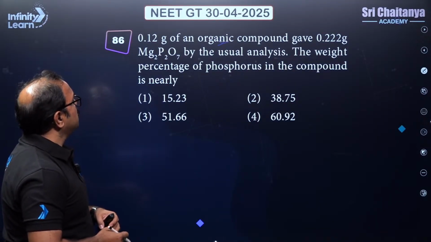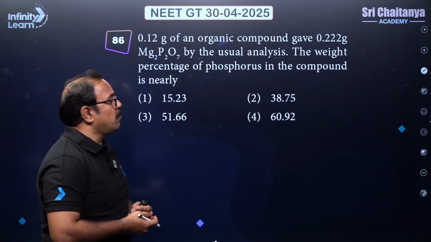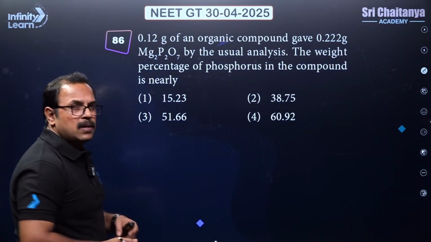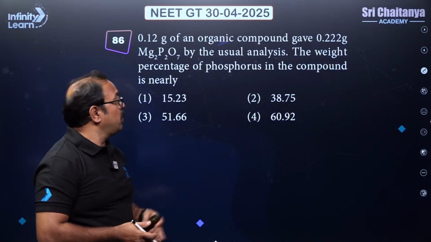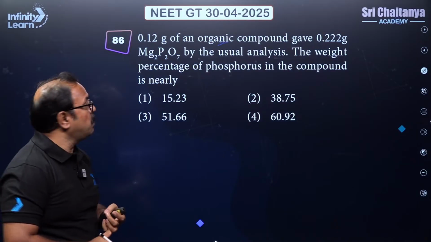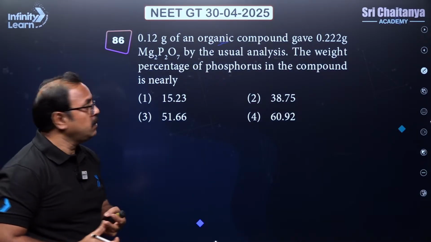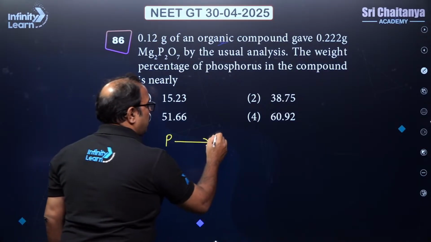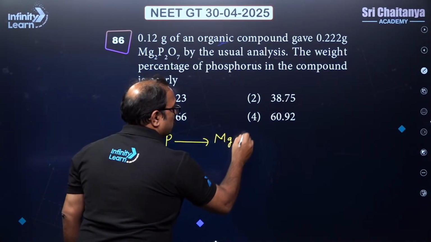Coming to the estimation methods, that is from the Some Basic Principles and Techniques chapter. Usually we see Kjeldahl's method and Dumas method very commonly, but here they have asked about estimation of phosphorus, that is by the Carius method. Phosphorus is estimated in the form of magnesium pyrophosphate.